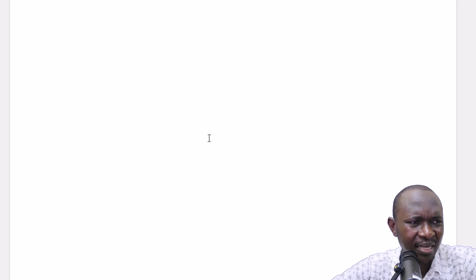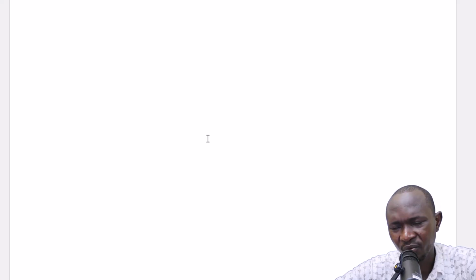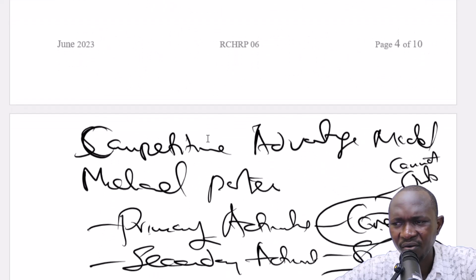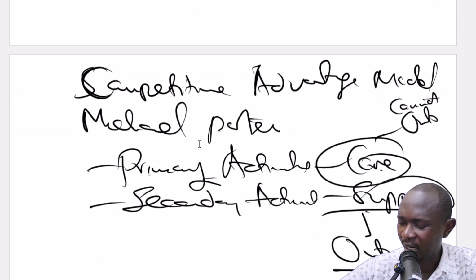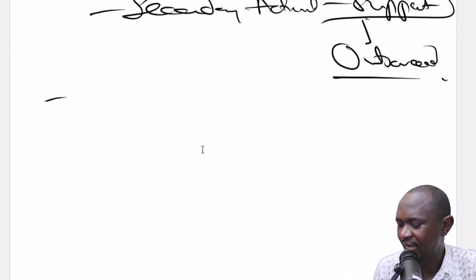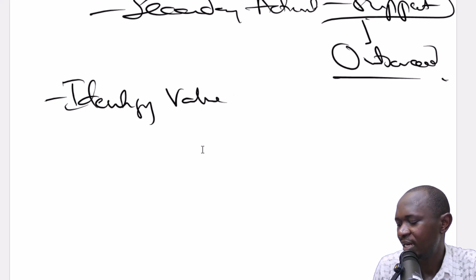Now, what is the importance or the merits of that framework in information management, as asked by the question? Number 1, we can safely say that it helps identify value-adding activities.